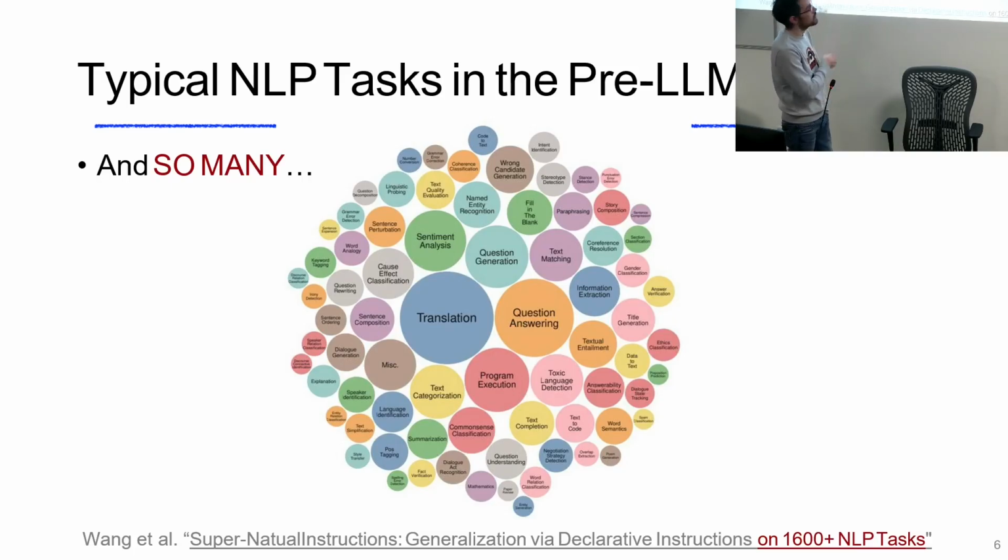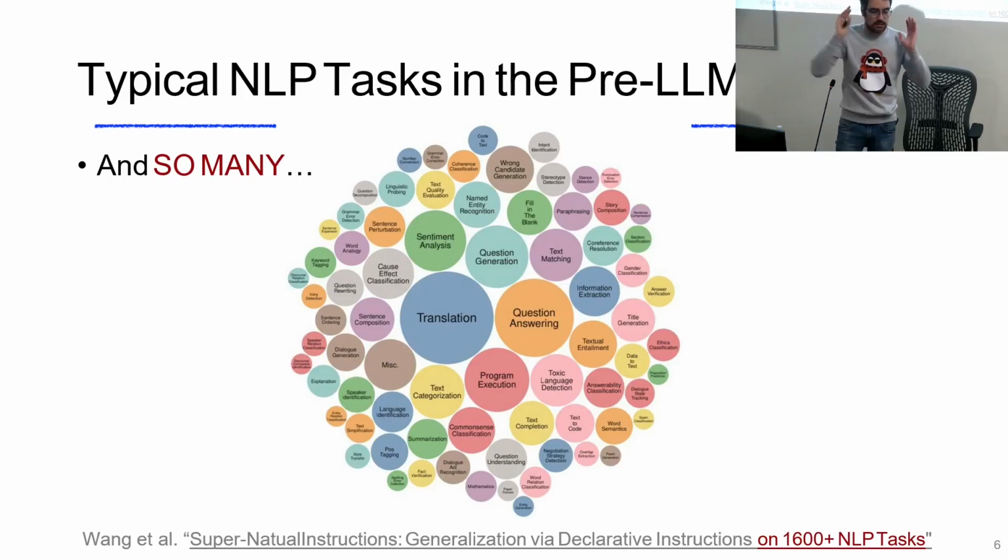Translation, obviously, is a big application area of natural language processing. Well, first of all, information extraction, named entity recognition are similar. This means taking a text, okay, and extracting the meaningful information in some structured way.